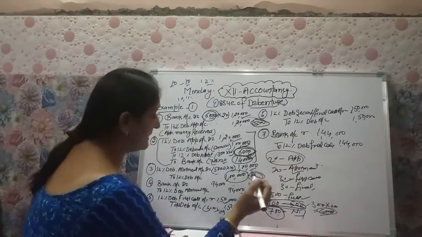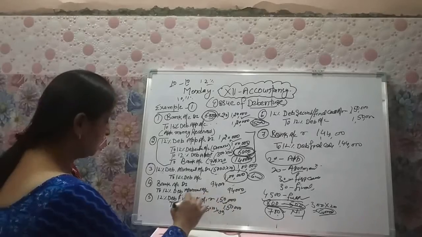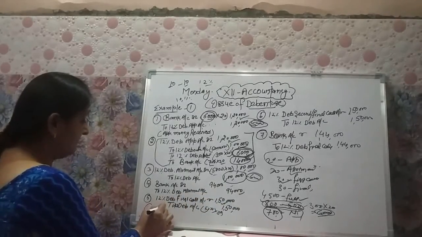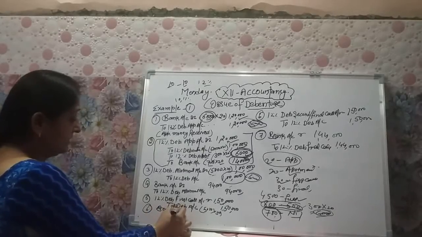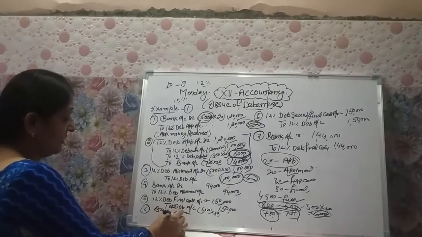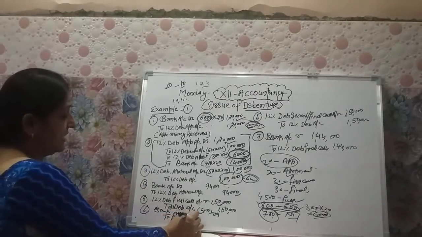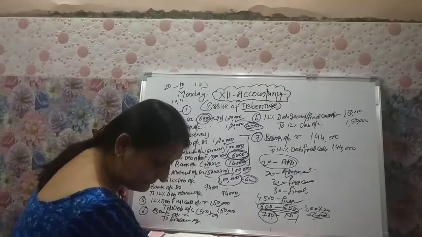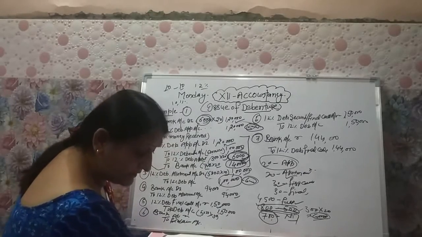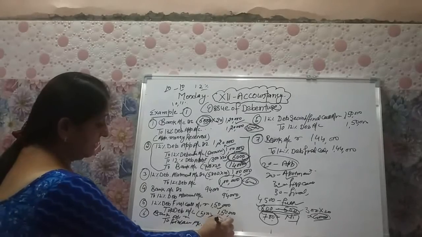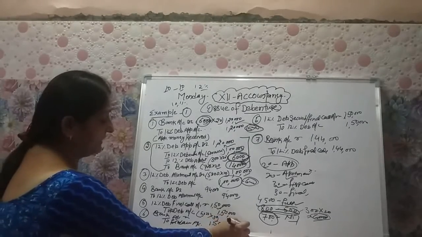After that, the company received the first call money and the journal entry for receiving the first call money is bank account debit to first call account with rupees 1,50,000. First call money is received from all the debenture holders.